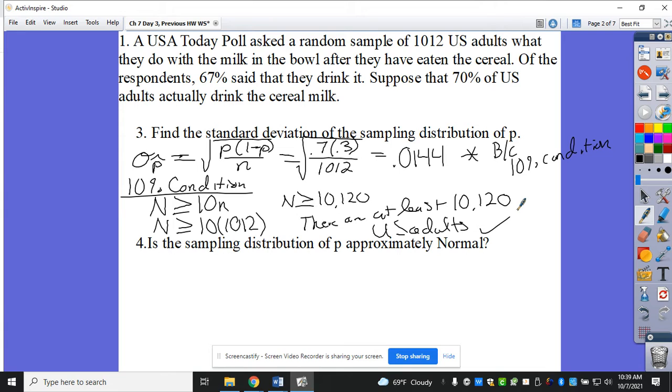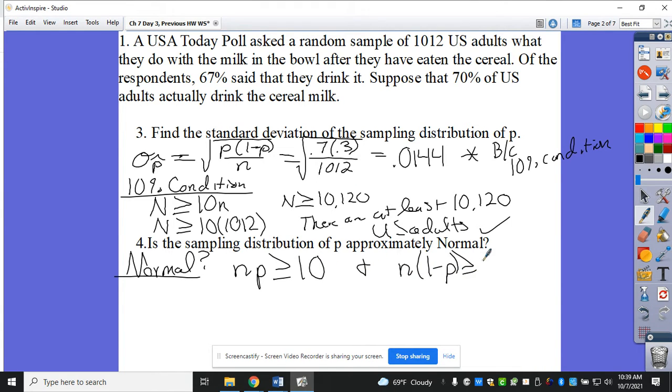So now here I'm checking for normal. How do I check for normal? You do np greater than or equal to 10, and you do n times 1 minus p greater than or equal to 10. So 1,012 times what?